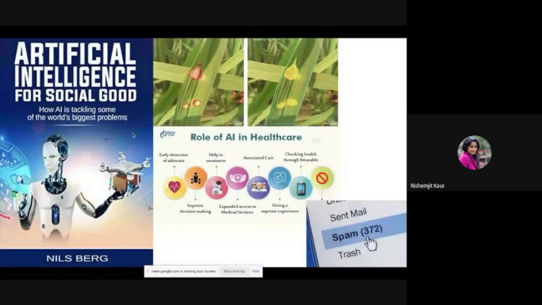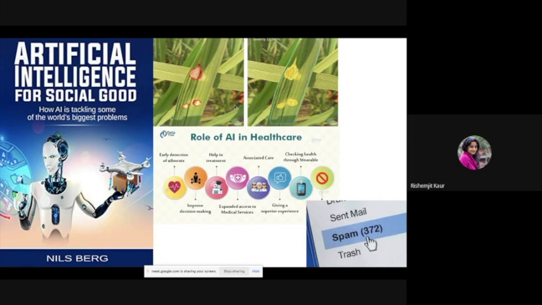But these days, we see AI in almost every application. We see that AI is being used for social good. It is being used to tackle some of the biggest problems of the world. We see its use in healthcare, in agriculture. In agriculture, it is being used for pest detection, for plant health monitoring, for monitoring of different growth stages.